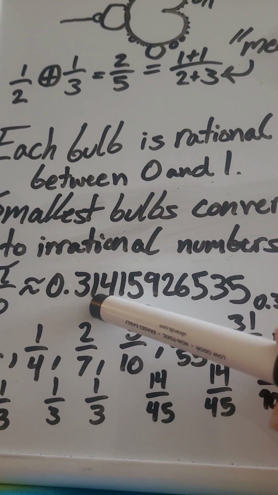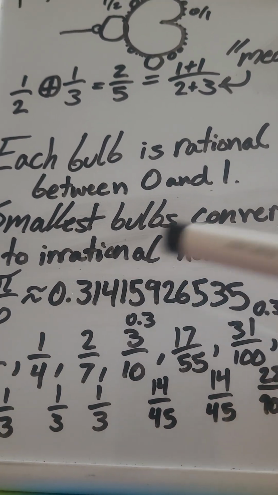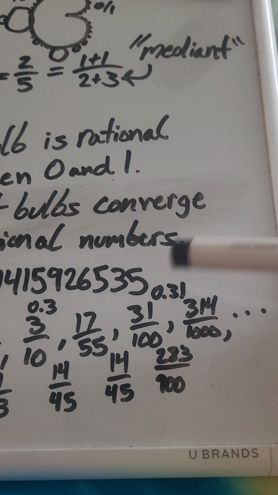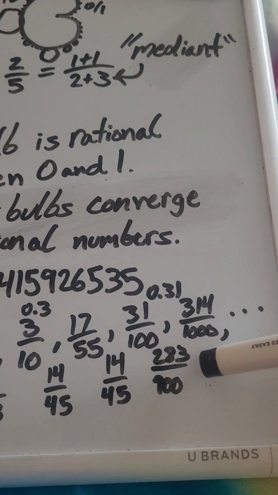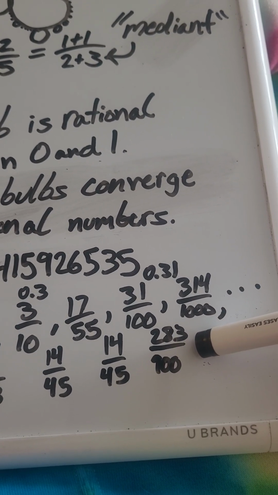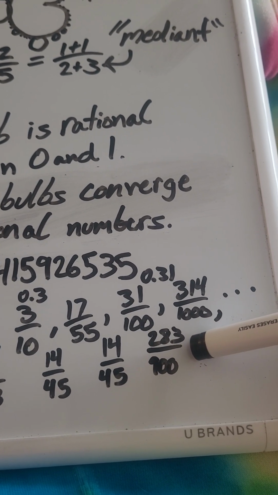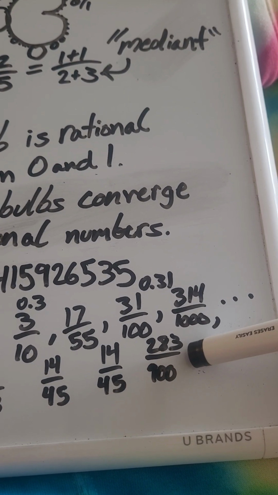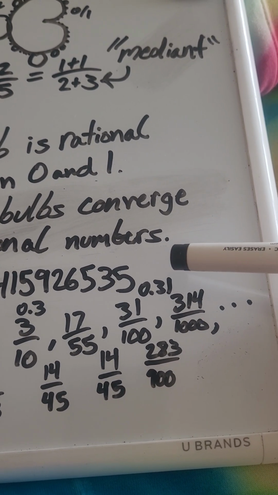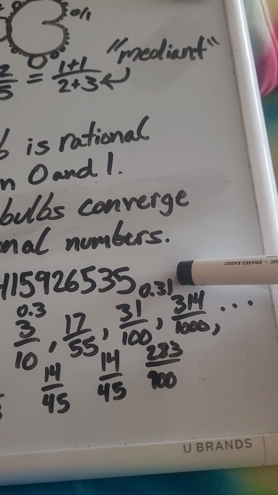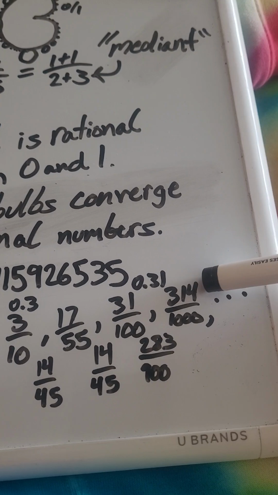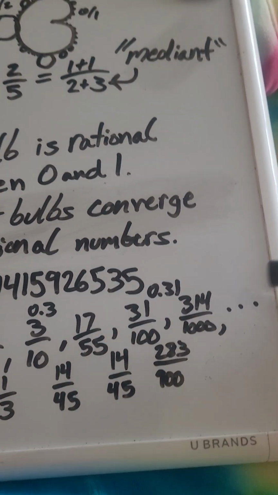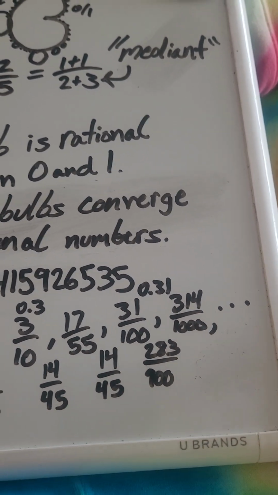So now we have the 0.31 achieved, right? So now we have the 31/100 bulb. And now we mediant with the 283/900 bulb. So then we get this, and the process keeps on going.